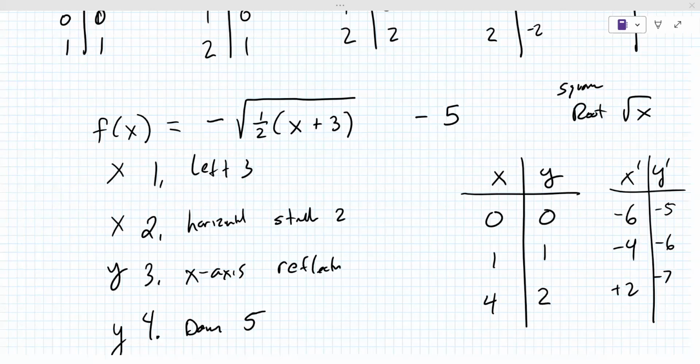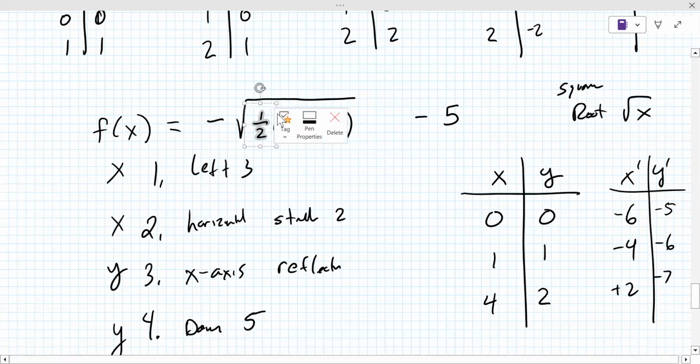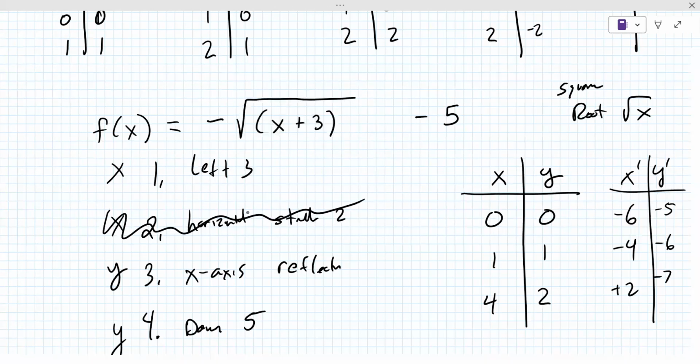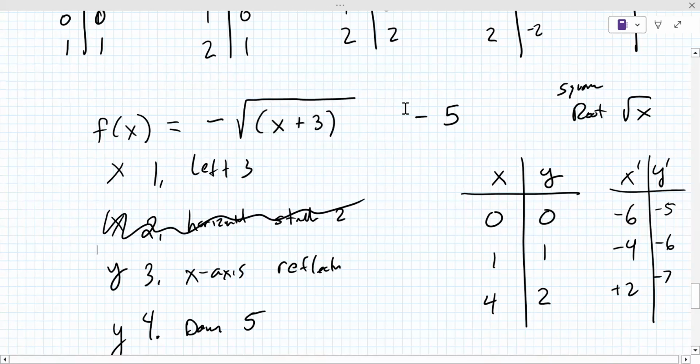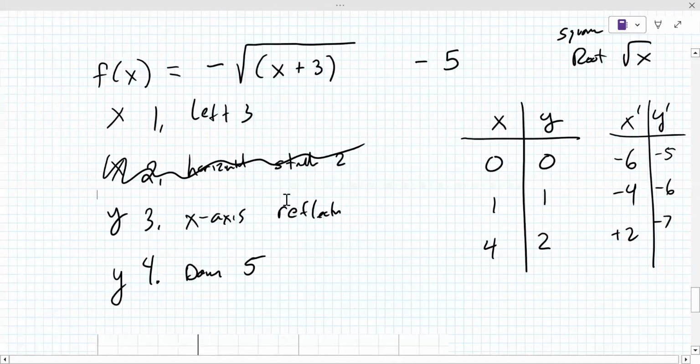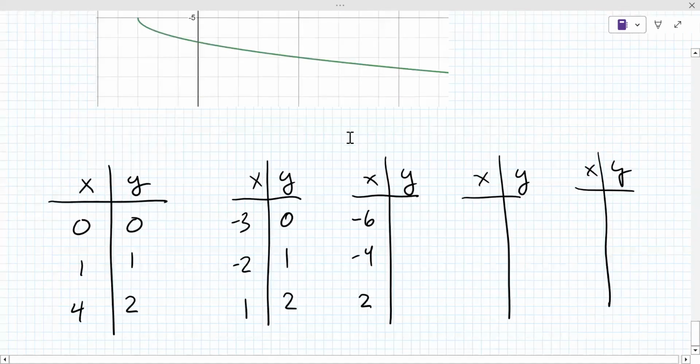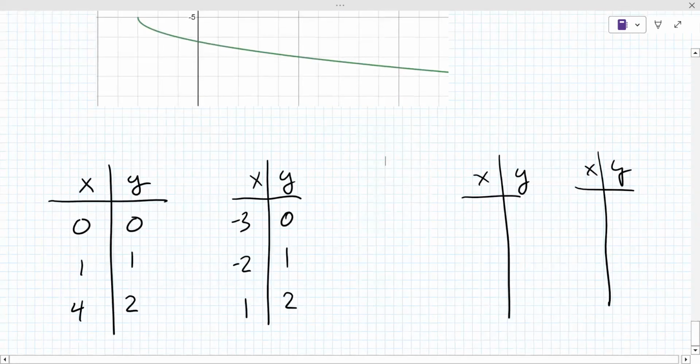I don't like this. I should not have put this 1/2 in here, so let me do it without the 1/2. We'll come back and talk about that another time. It actually converts to a vertical transformation, which is fine, but that's my fault for putting something there like that.